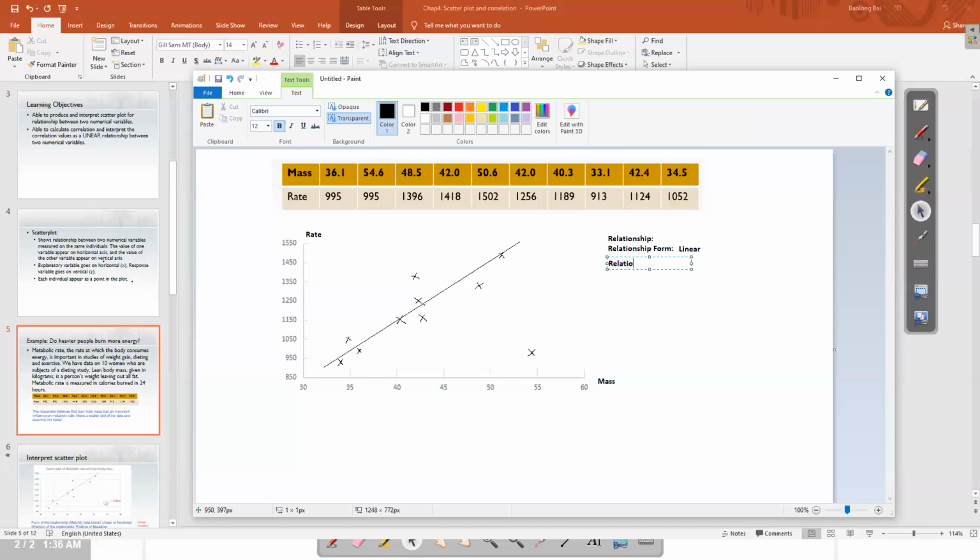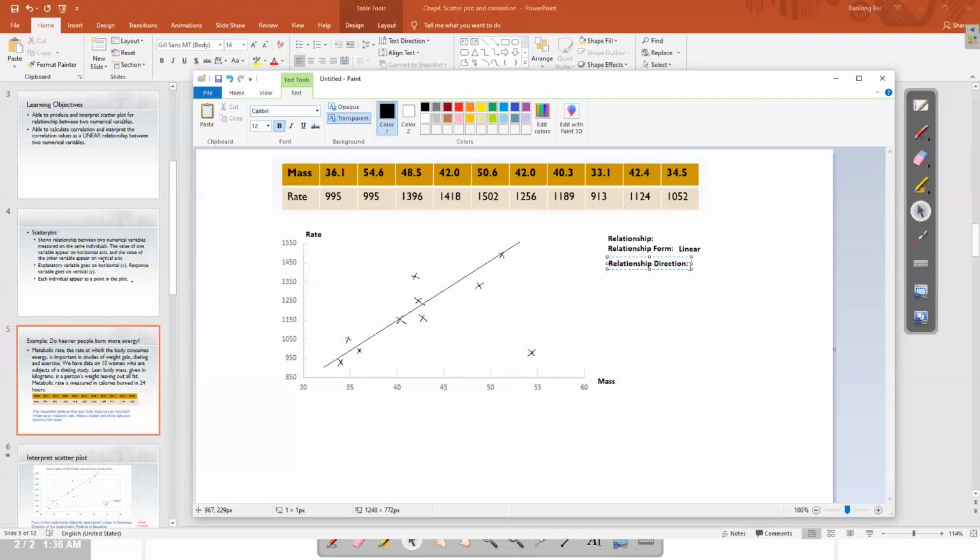And the next thing is relationship direction. If you learned in a math class, when one variable increases, when x increases, if y increases correspondingly, that means they're going in the same direction, right?